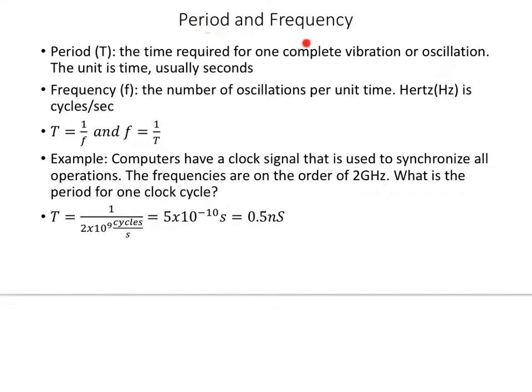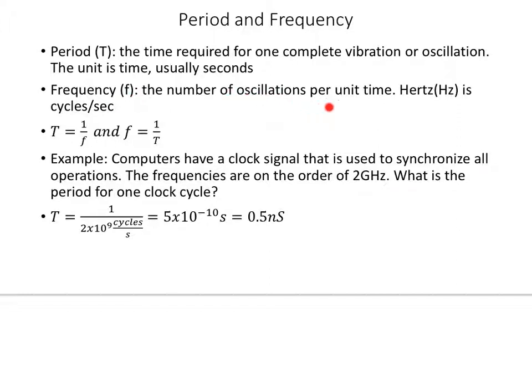All right, two other terms that I think we've mentioned before, and these are also going to be very important in this module, and that's period and frequency. Period is the time for one complete vibration or oscillation. The unit is time, usually in seconds, although it could be minutes or other units of time.